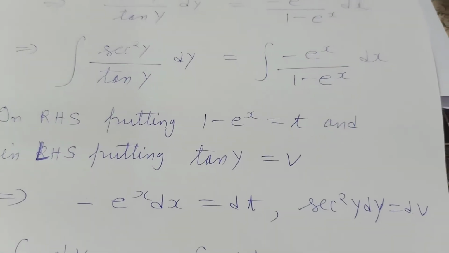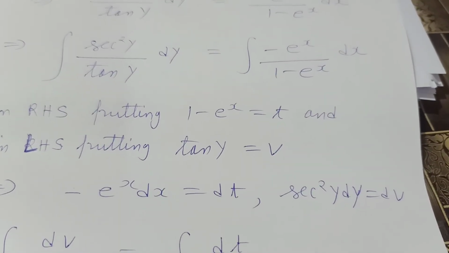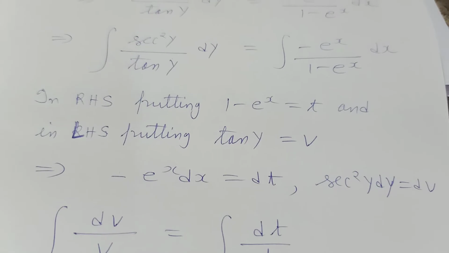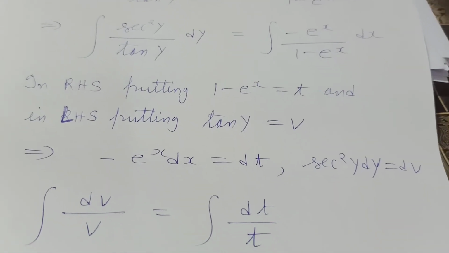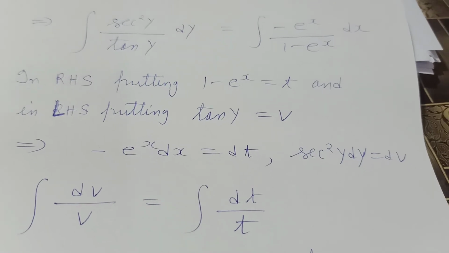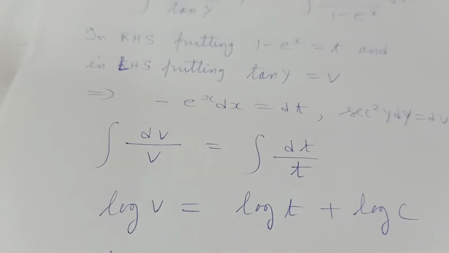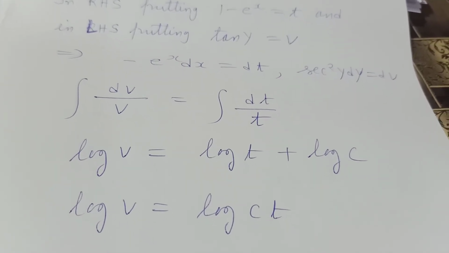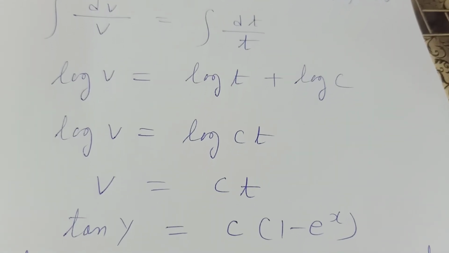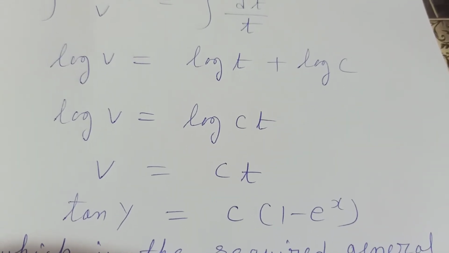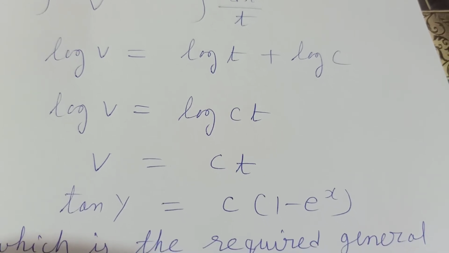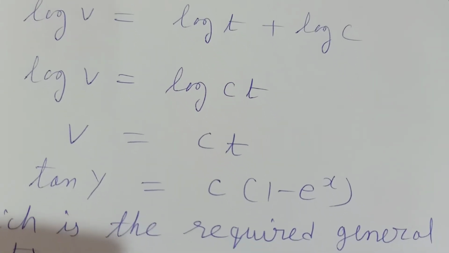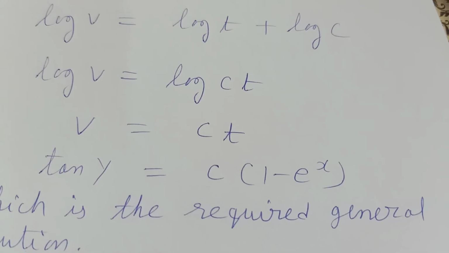So after putting that substitution, we will get integration of dv by v equal to integration of dt by t, that is log v equal to log t plus constant of integration which we have taken as log c. So we will get log v equal to log ct, that is v equal to ct. Then the value of v is tan y, and the value of t is 1 minus e raised to x. So we will get tan y equal to c into (1 minus e raised to x), which is the required general solution.